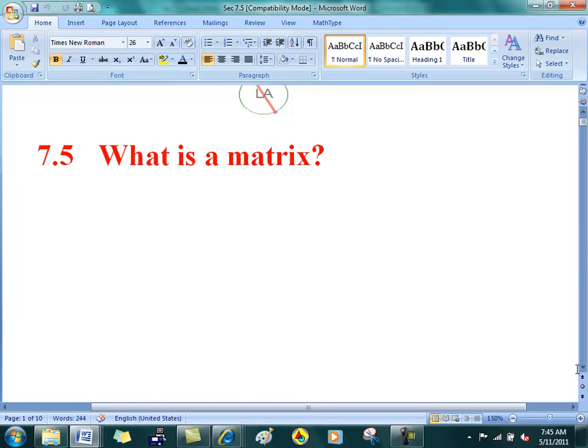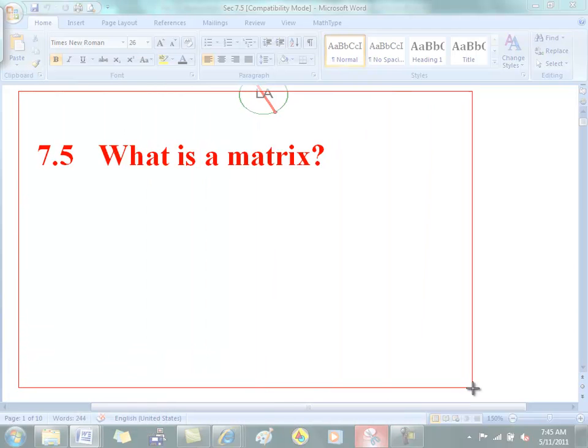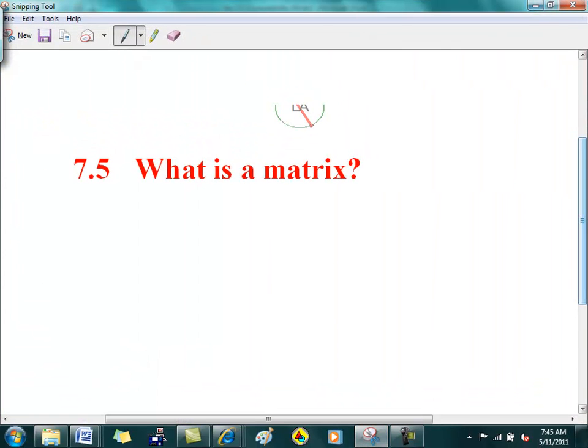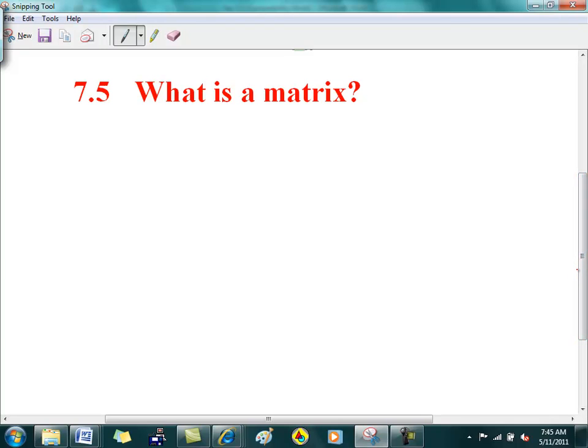So can someone answer this question for me? What is a matrix?